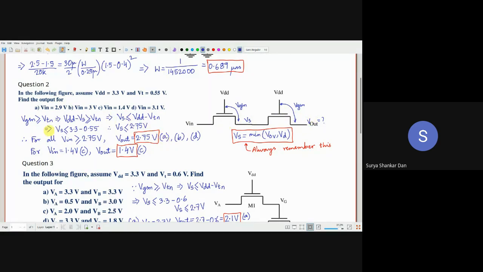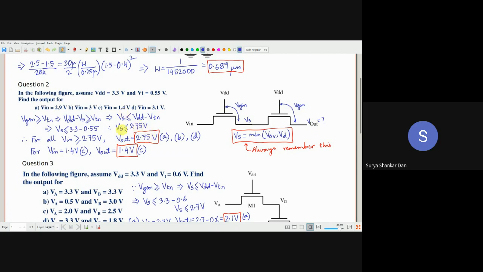Okay, so look at the questions here. 2.9, which is higher than 2.75. 3 volt, higher than 2.75. 3.1 is again higher than 2.75. So that means the output voltage will be stuck at 2.75. Okay, and then in question number C, it is 1.4 volts, which is definitely less than 2.75, right?